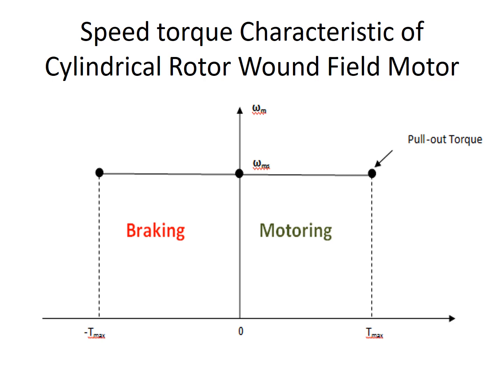The motor will work in motoring mode when the voltage E lags the per phase stator voltage V. Similarly, it will work in regenerative braking when E leads V. Hence, the motor can work both in motoring as well as in braking operation.